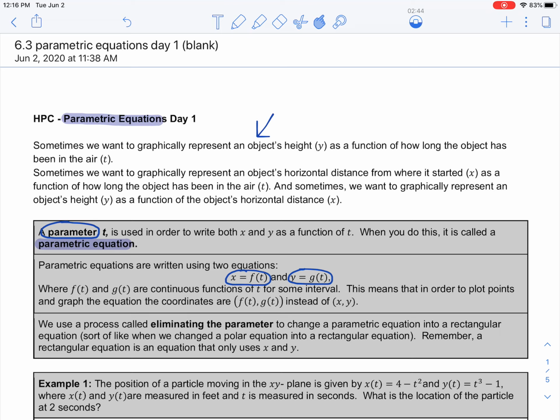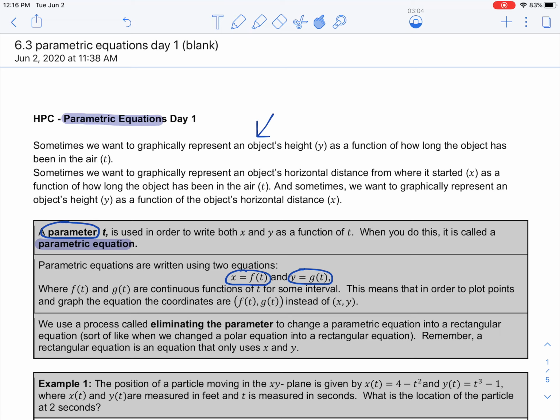So to plot points and graph the equation, the coordinates become f of t, g of t, instead of x and y. Instead of looking at the values of x and y, we're plugging t into the equations that define x and y, and we're plotting their outputs as points.